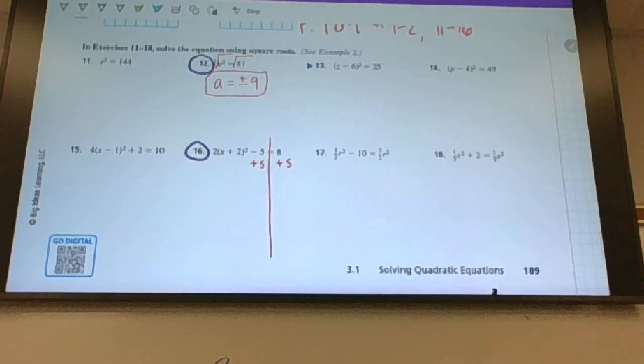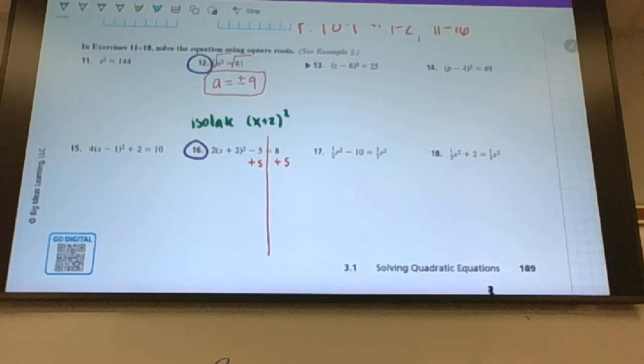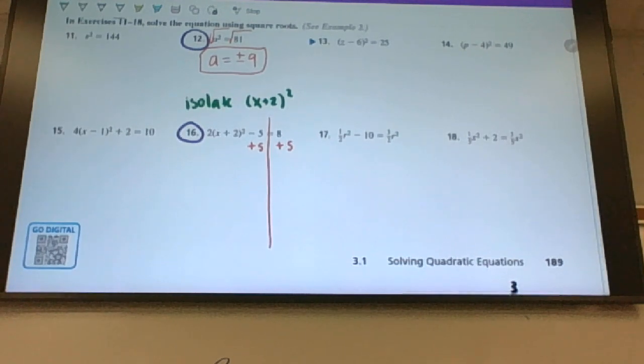So I'm trying to isolate the parentheses now. So I'm adding 5 over. And then a lot of people want to distribute this to it. Distribute. Don't.